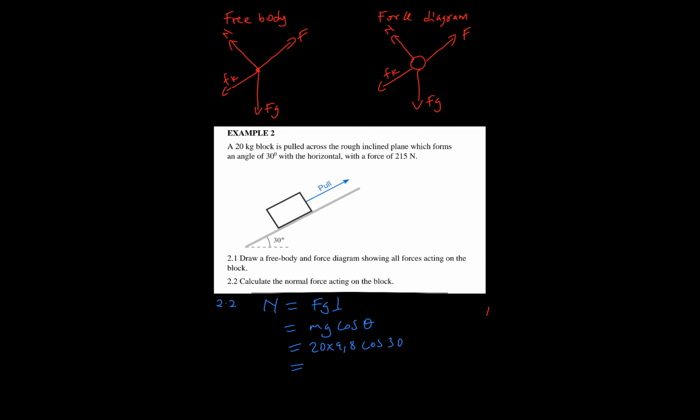So it's 20 multiplied by 9,8 because we are assuming that we are on Earth. Cos of 30, then this is 169,74 newtons. So this is how we can calculate normal force on an inclined plane.